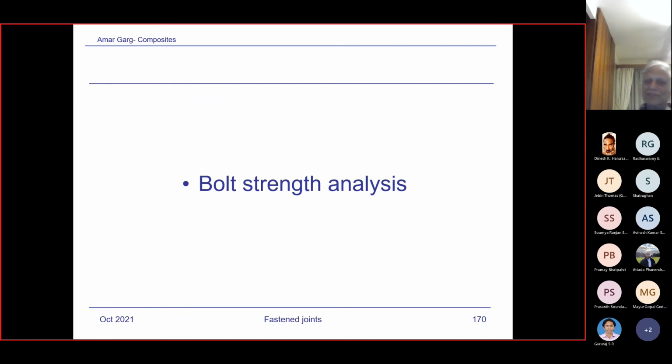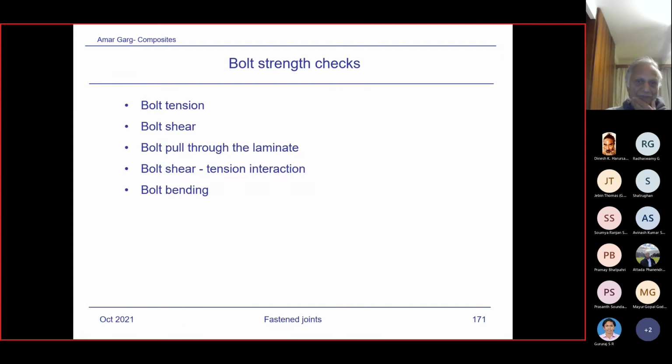Okay, so bolt strength analysis. Now, the other modes of failure which I consider: bolt tension, bolt shear, bolt pull through the laminate, bolt shear tension interaction, and bolt bending. So far we considered the laminate bearing failure when the shear load is there.